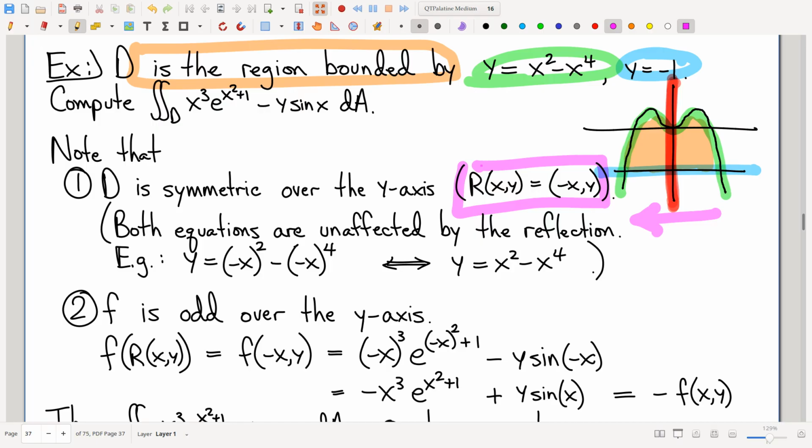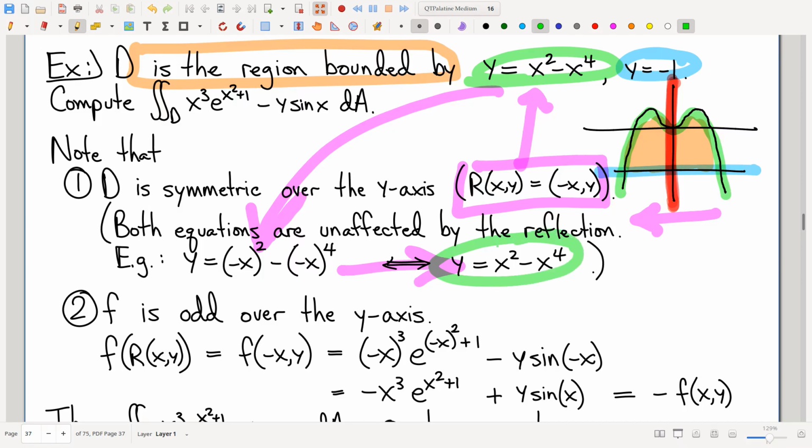And if you plug that reflection formula in to see what this green equation turns into, it turns into exactly the same equation. So that curve is its own reflection. And I think it's honestly an easy pitch that the blue curve is clearly its own reflection, and therefore this orange region is its own reflection. Y'all buy that? Does it seem reasonable? We've got ourselves a symmetric domain.